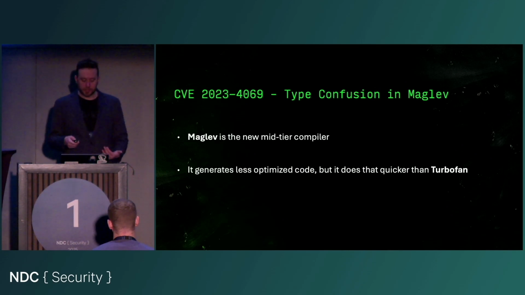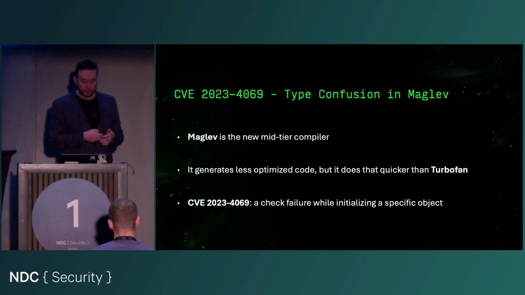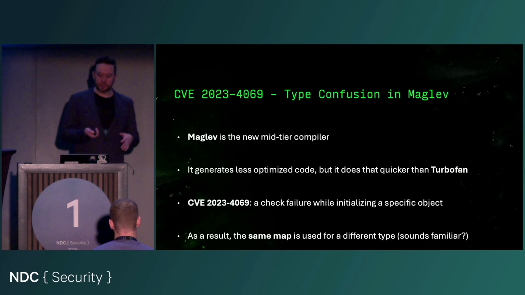So it compiles quicker, and for some use cases it's better to use Maglev, and for other JavaScript code which requires more performance, the profiler would suggest to use TurboFan. This specific CVE was a check failure while initializing a specific object in the compiler. As a result, the same map is used for a different type. So it's very similar to what we saw earlier.